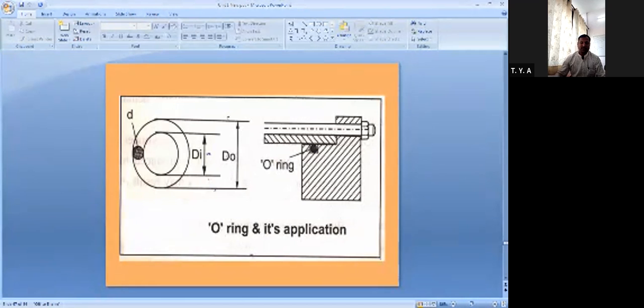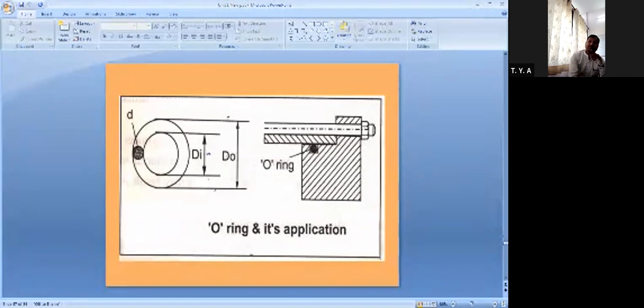So the O-ring is probably the most used static seal, and O-rings are made of molded synthetic rubber.